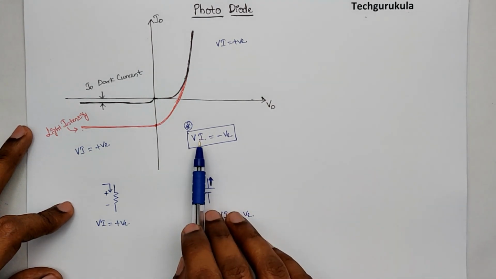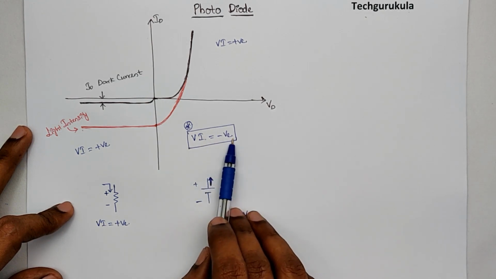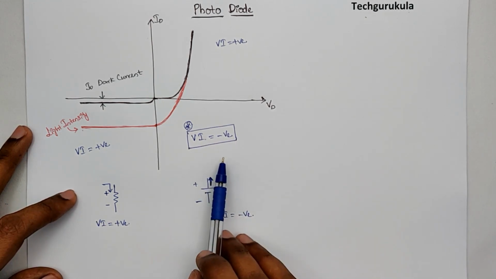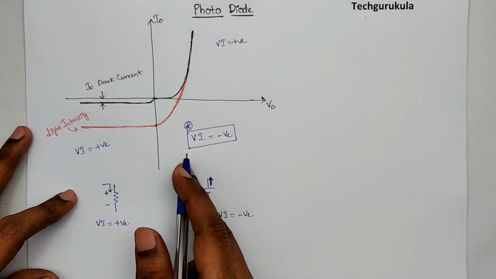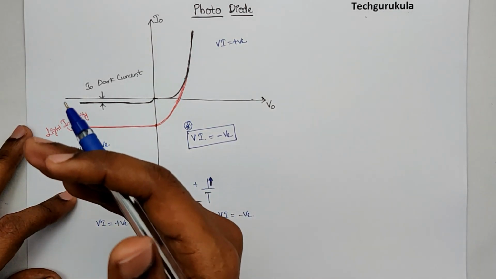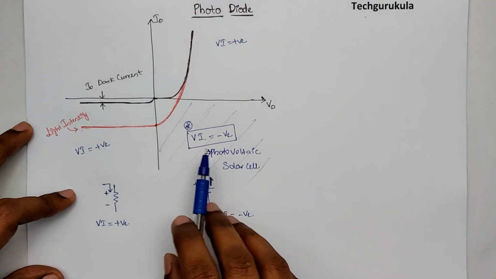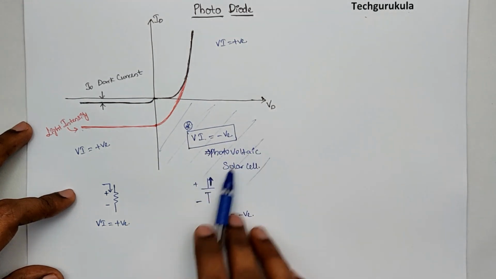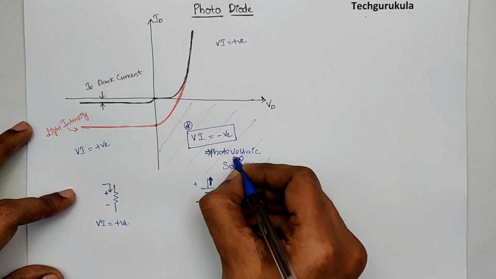So if you observe in this fourth quadrant, we have that V times I is negative, which means we are actually going to supply power. So what we have done here is we have converted the photon energy or light energy into electrical energy. If you operate the photodiode in this region, it's going to actually supply power.